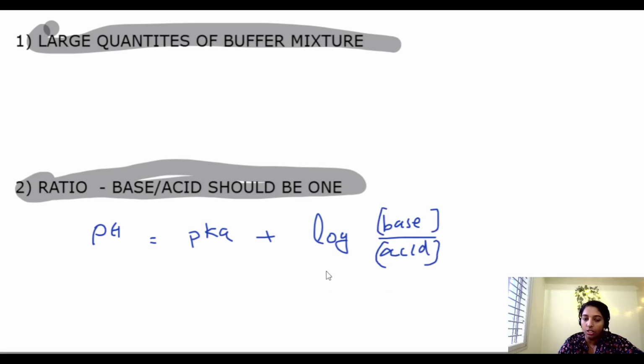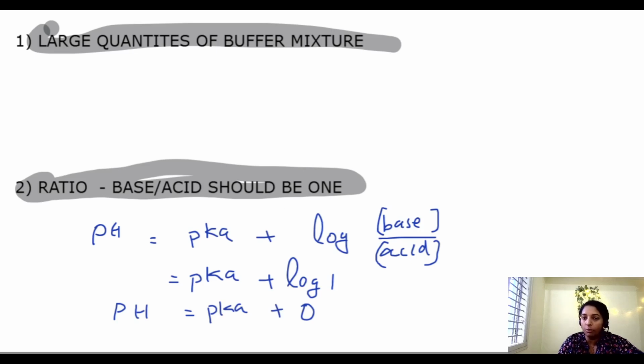So if base and acid concentration are equal, then the ratio will be 1. Log 1 is 0. Correct? So at that time you get pH equal to pKa.